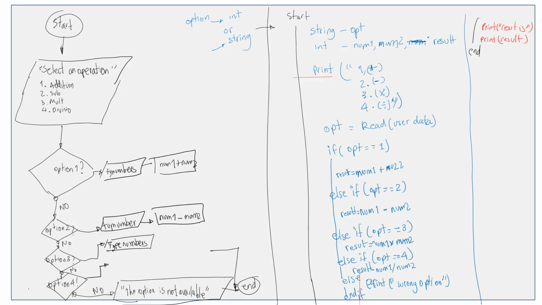Here type number, then we do the different operation, num1 multiply by num2, and num1 divided by num2.